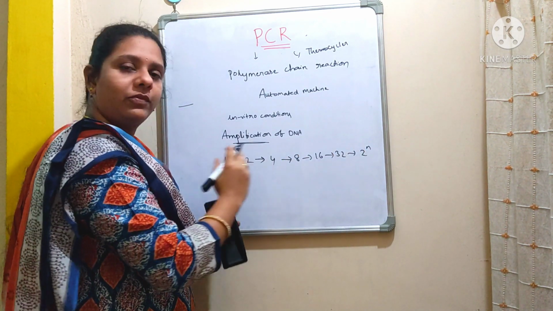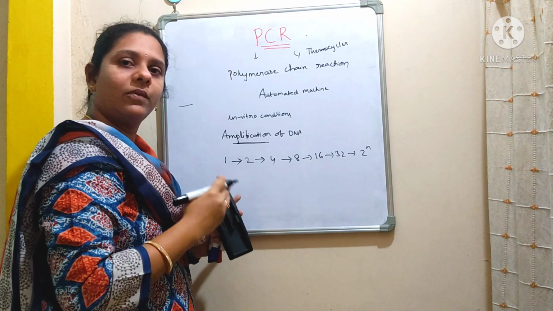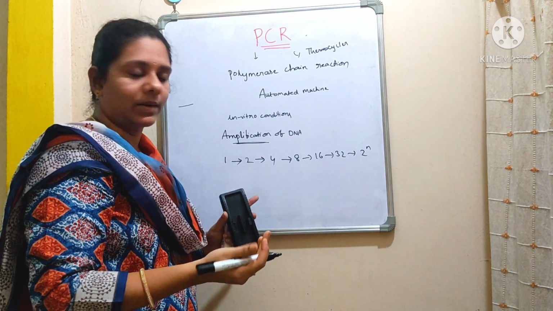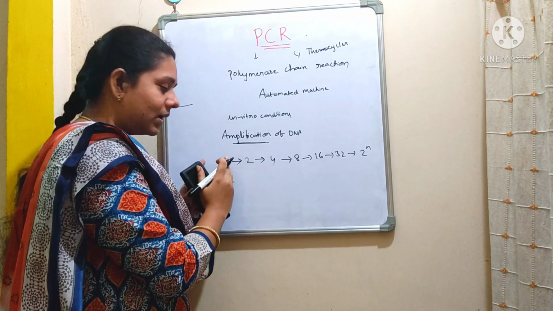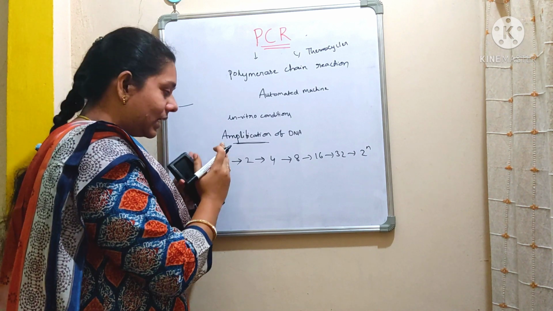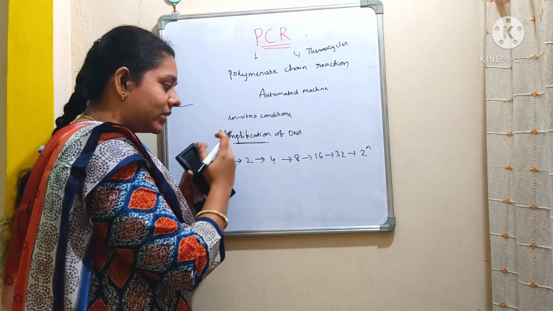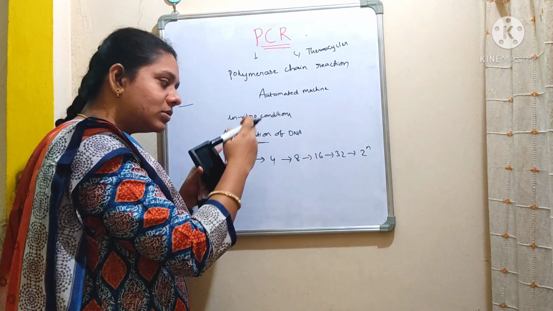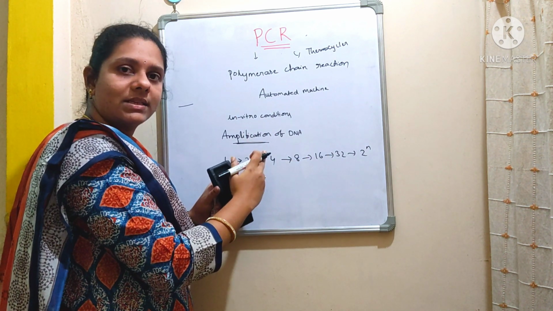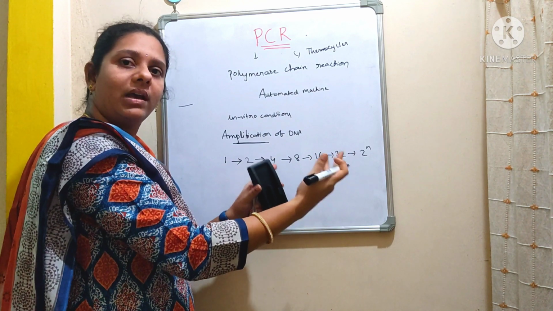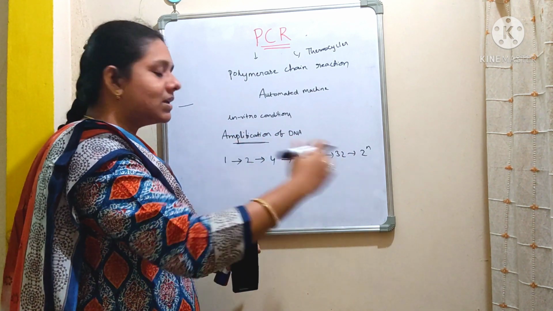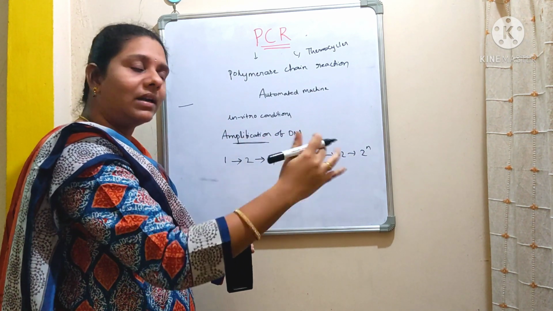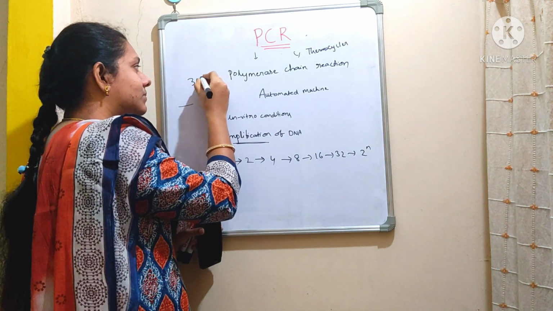Every time, if you observe, the amount of DNA gets doubled. The strand which we are providing will act as a template for the synthesis of new strands of DNA, and in the next round those newly synthesized DNA will act as a template for the synthesis of new DNA strands again. In this way the process will continue till 30 cycles.